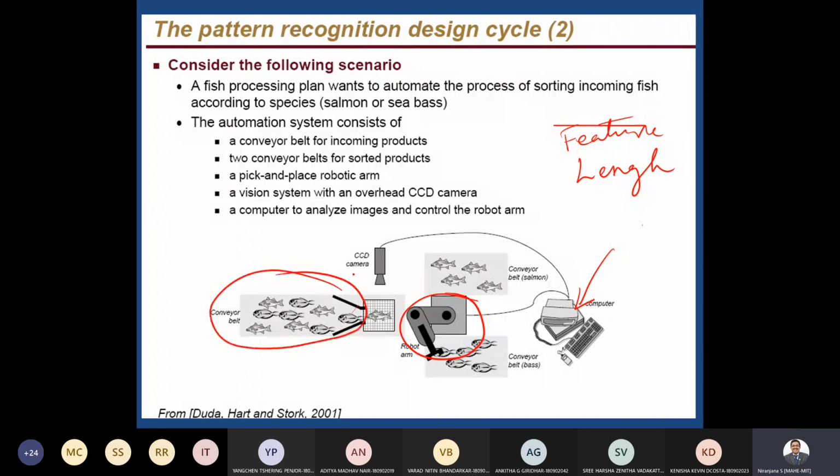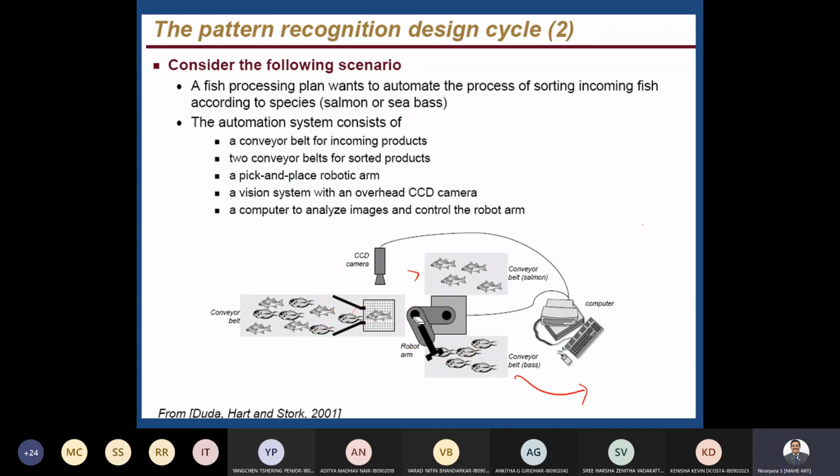Sorting of the arriving fish on a conveyor belt will be taken care of and they will be put onto some other belt, and later this will go to some other process or will be packed, right? So this is the system arrangement when you're talking about a simple classification, a sorting of fish.